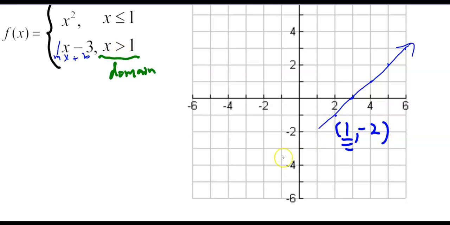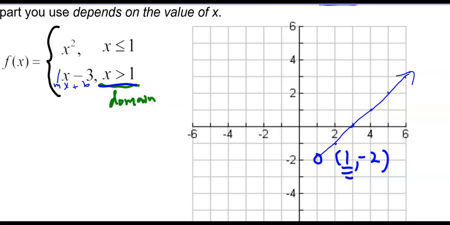So I have a closed circle there, but it most definitely should be an open circle, because it does not include 1; it's larger than 1. So any point on this blue line now fits the domain of x greater than 1. I had to graph the whole line and then erase the part that I did not need.